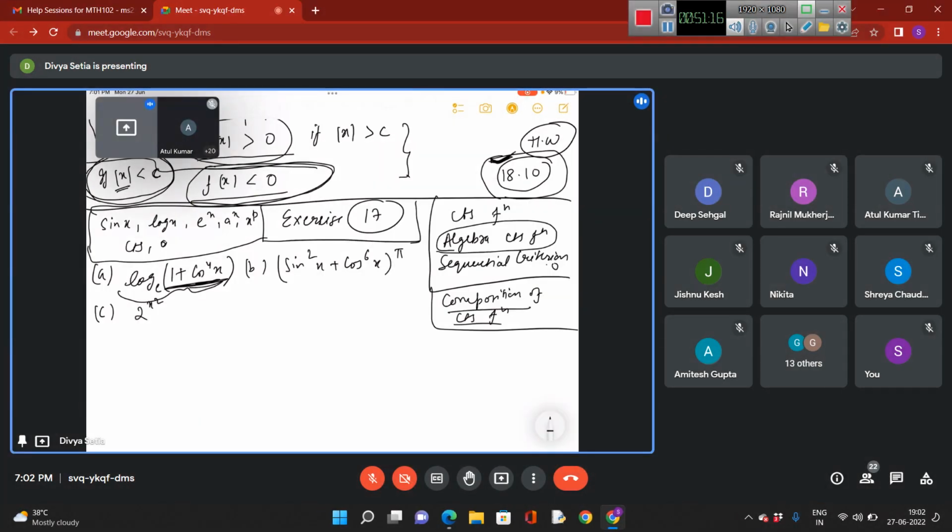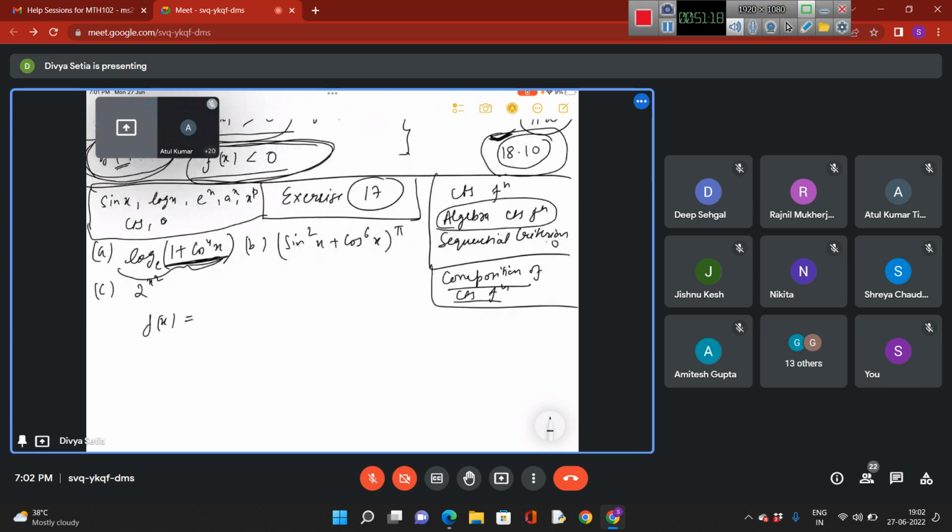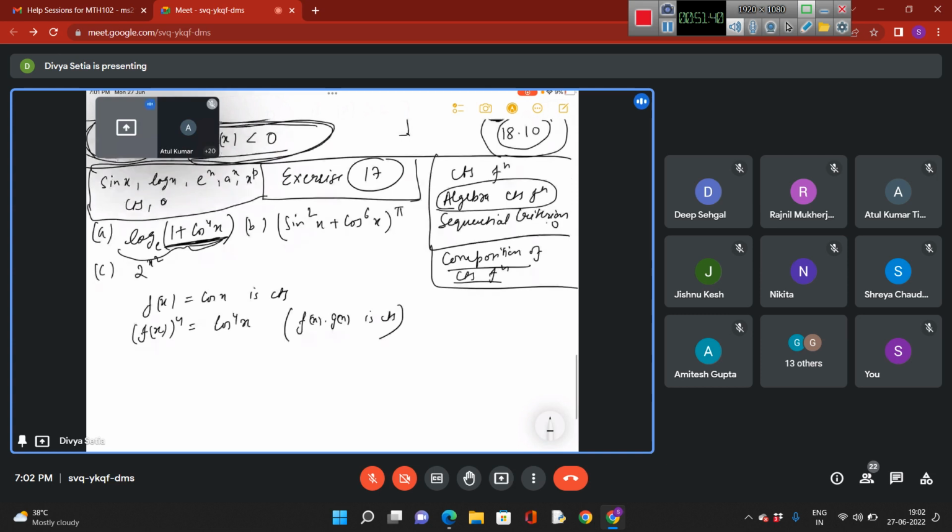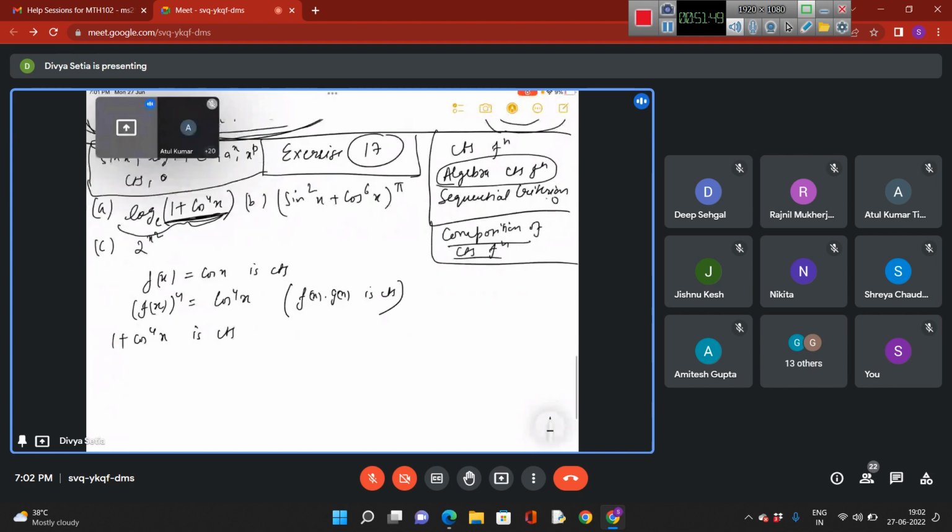Maybe I'll write down one thing. So your function cos x is continuous. So therefore, taking power 4 times should also be continuous. This is just product of two continuous functions. And then 1 plus this thing is continuous, sum of two continuous functions, and then composition.